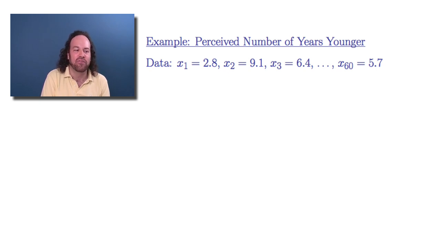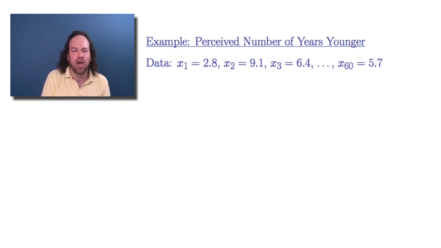So the first one was 2.8 years younger, the second one was 9.1 years younger, and so on, up to the 60th one, who was 5.7 years younger. What we'd like to know is the true mean value for the general population of people who undergo this plastic surgery. That's the theoretical world, and we'd like to know the theoretical or true mean value, which we'll call mu. But all we have are the data.